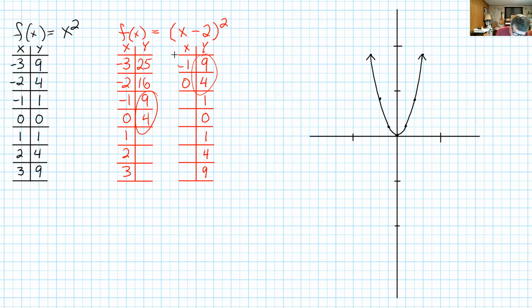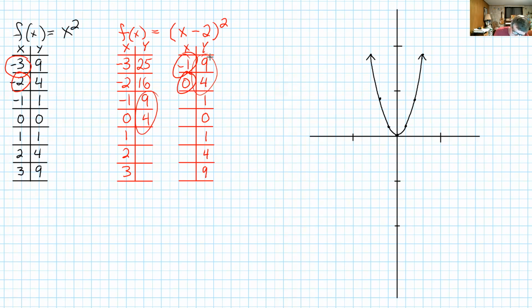But how does this number relate to this number? And how does this number relate to that number? Well, the red equation, f of x equals x minus 2 squared: we put an x value in, the next thing we do is subtract 2, and then we square the result.